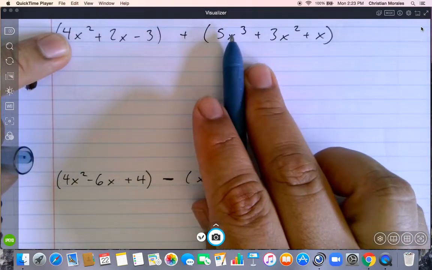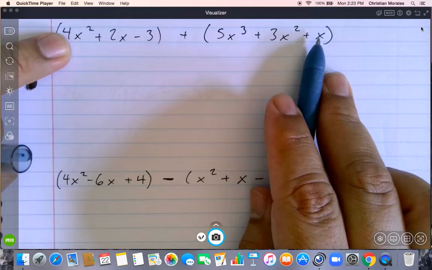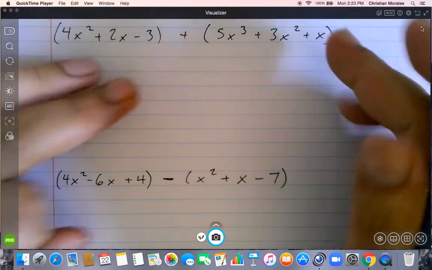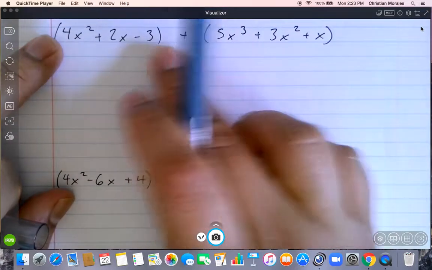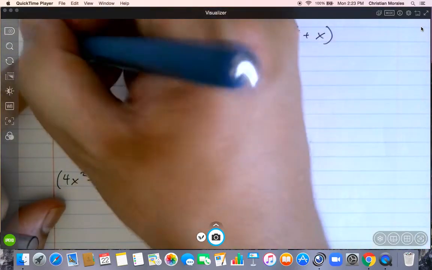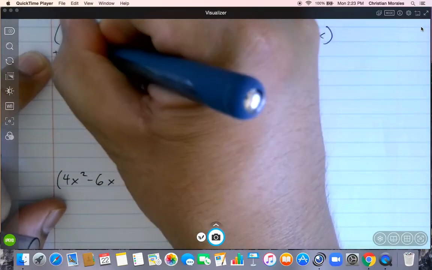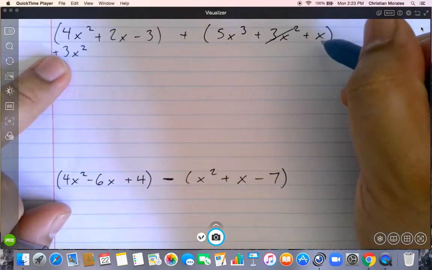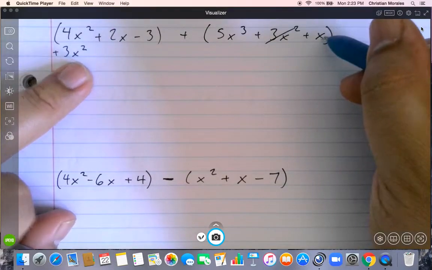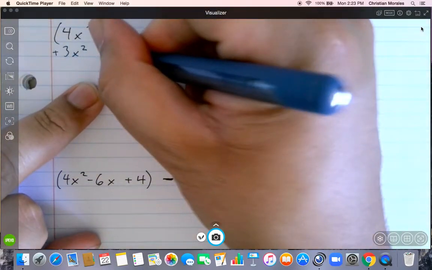It cannot add it to the power of 3, it cannot add it to the x. So one way we do this is, instead of writing it like this, I rewrite the problem stacked on top of it. So I'll take this number and I'm going to add it to this one. And that takes care of that. Okay? This one, this x, would add up to this one.